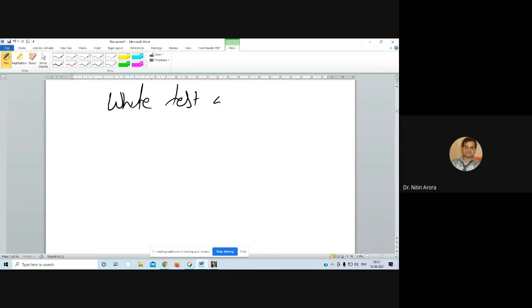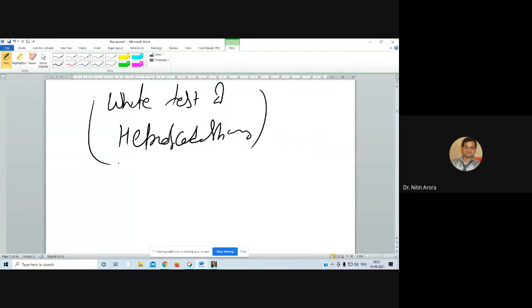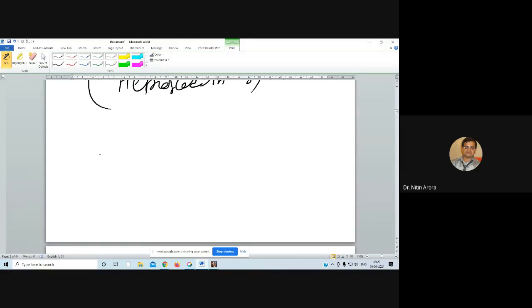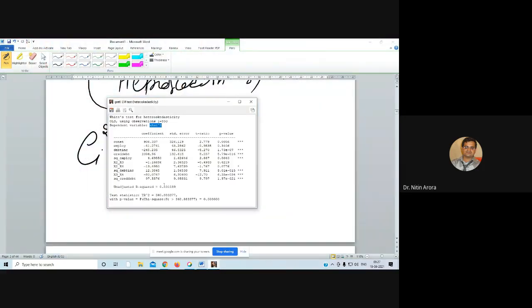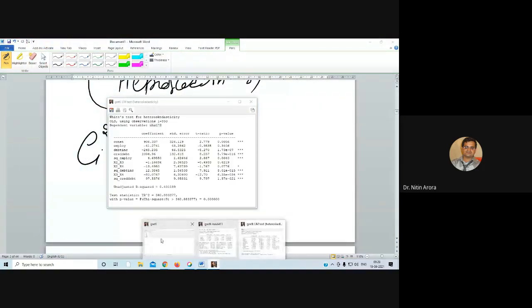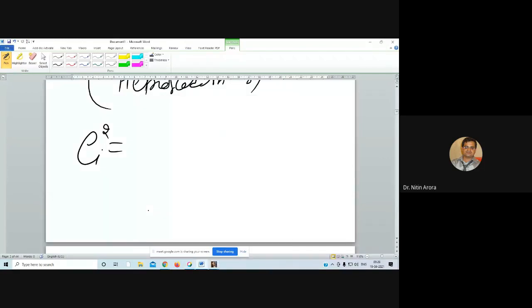In the White test of heteroskedasticity, ei square is regressed upon the level variables, the squares of the level variables and cross products. Since we are taking three independent variables x1, x2, x3, in step one you estimate the multiple regression model. Step two, obtain the residuals and the square of residuals.